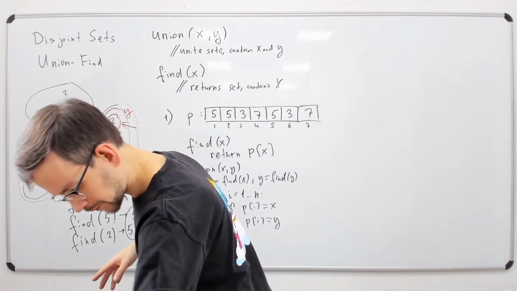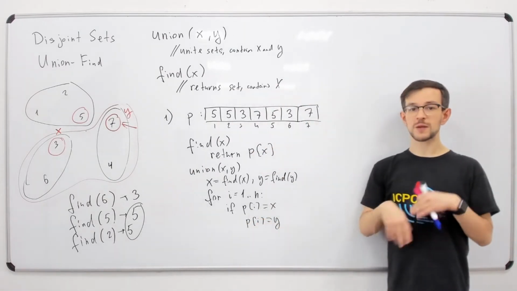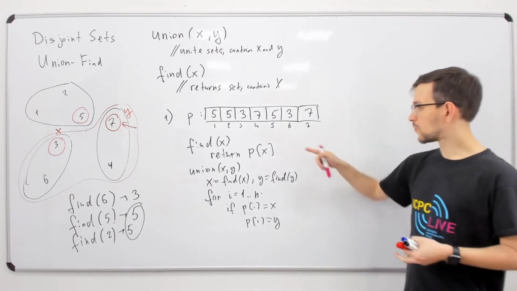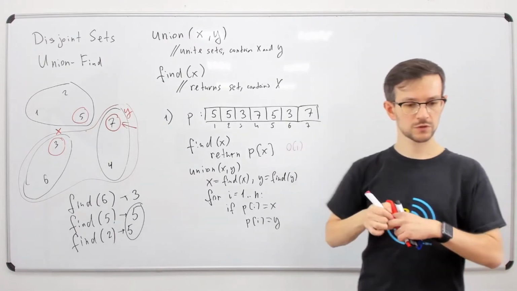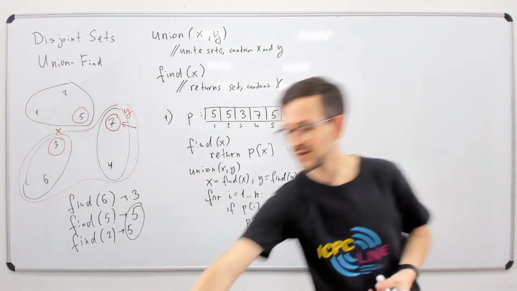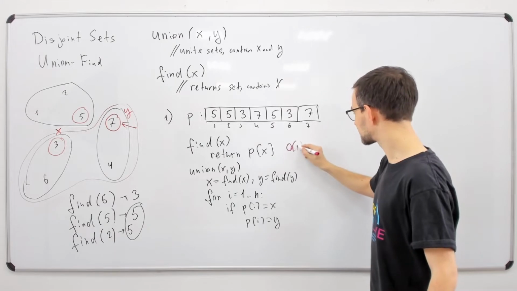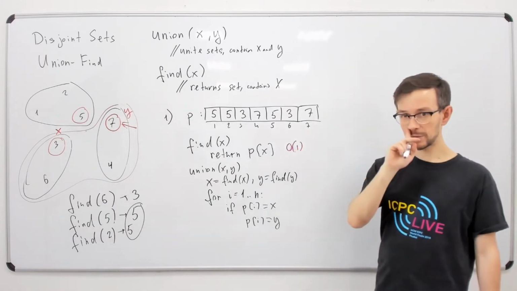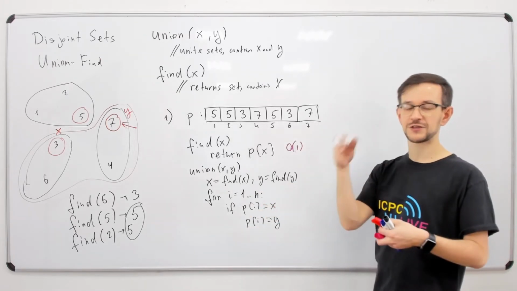Now let's calculate the time complexity. For find, it's obviously constant. For union, it's obviously linear because we have this cycle, so we always make n iterations of it.